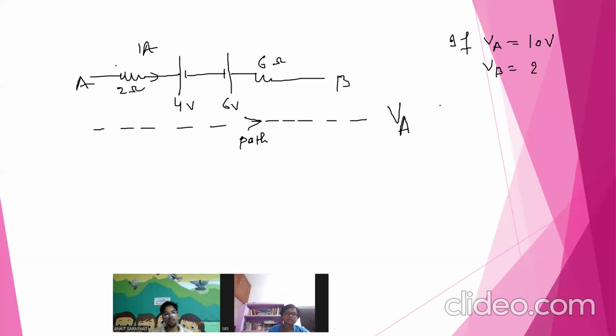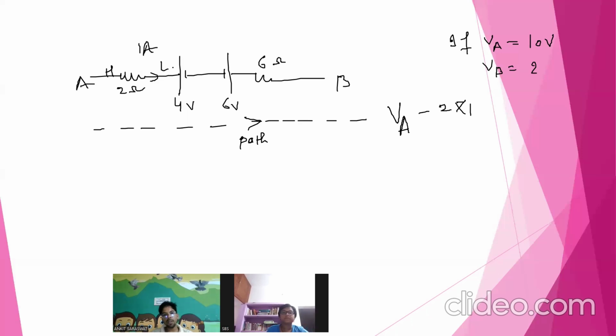When you are moving from A to B, how much voltage drop across 2 ohm? Minus 2I. Why? Because current is going from high potential to low potential. How much voltage drop? I into R. I is 1 ampere, R is 2 ohm.